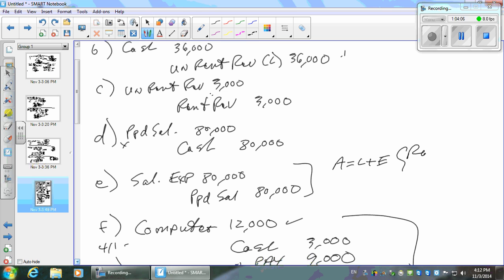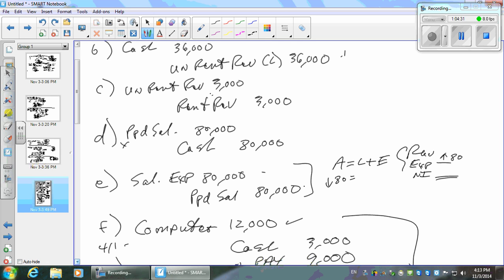If you get the right answers without writing them down, great. If it helps to write them down, do it. What does a debit to salary expense do? Yeah, that's what you were doing by the 80,000. What does a credit to prepaid salaries do? Prepaid salaries. Prepaid asset. Okay.